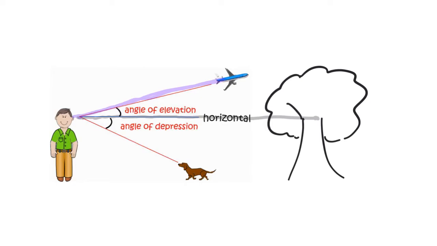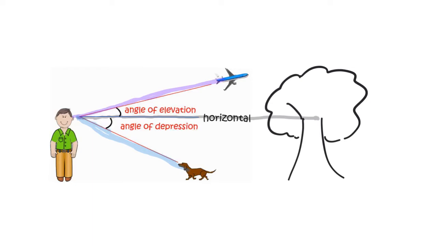And what if you're looking down? If you're looking down like at this little dot, okay? So this is gonna be your line of sight right now. And between your horizontal line and your line of sight looking down, it forms an angle of depression.